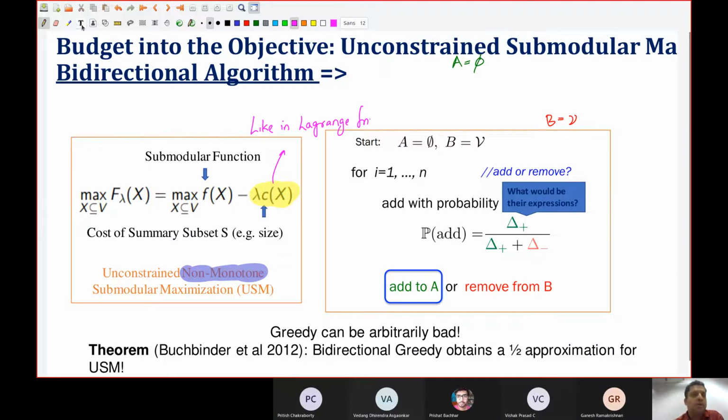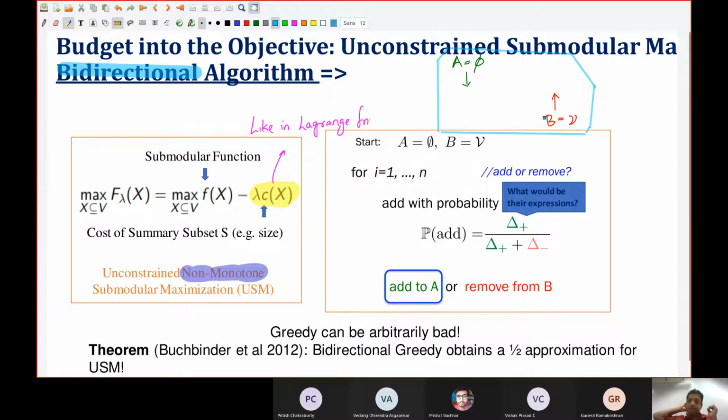So what I'm going to do is consider removing elements from B, at the same time adding elements to A, in parallel. That's why the word bidirectional has come up. So I'll do a bidirectional search, so search on A as well as search on B.